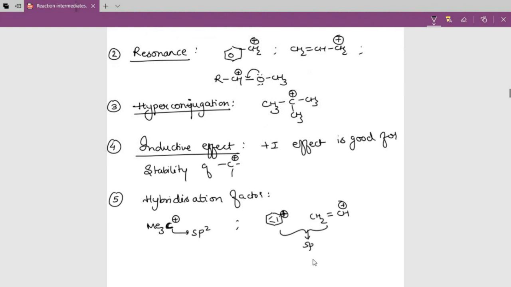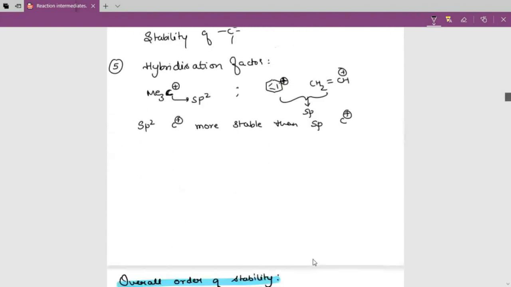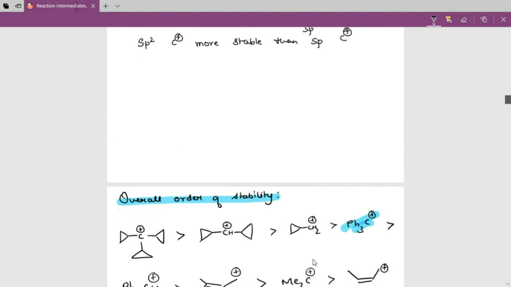So plus on a less electronegative atom is more stable than plus on a more electronegative one. Okay, so sp2 carbocations are more stable than sp carbocations.